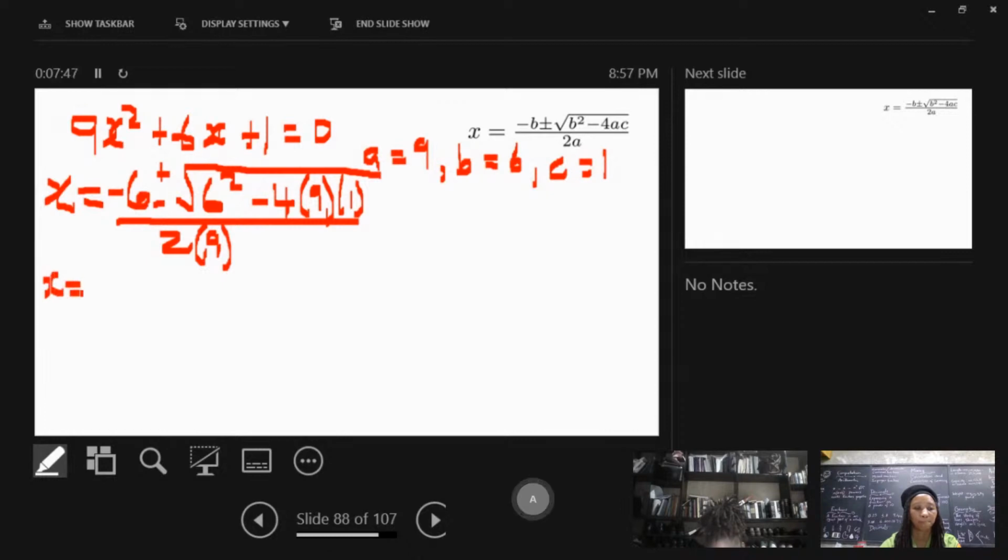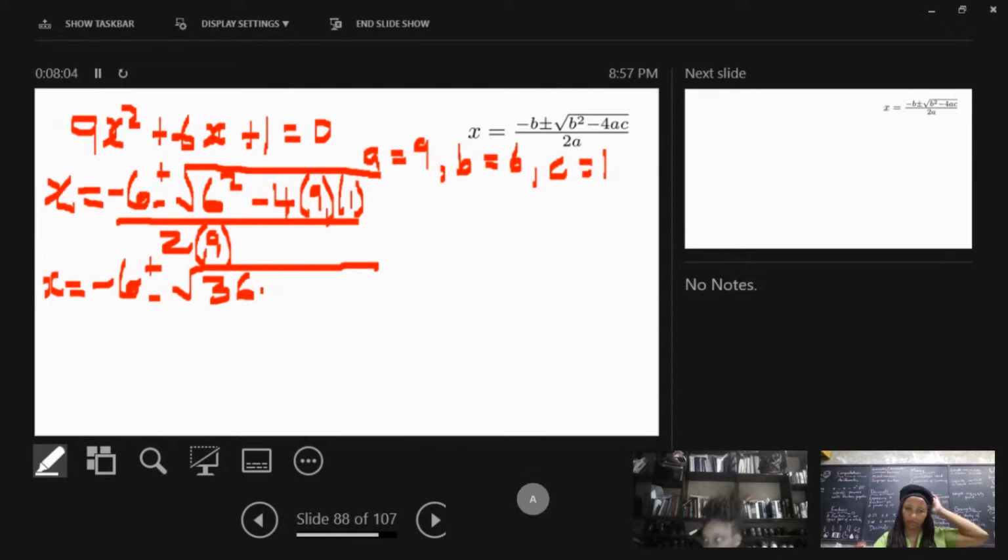X is equal to negative 6 plus or minus the square root of 36 minus, negative 4 times 9, so that's 36. So what we're ending up with here is 0.